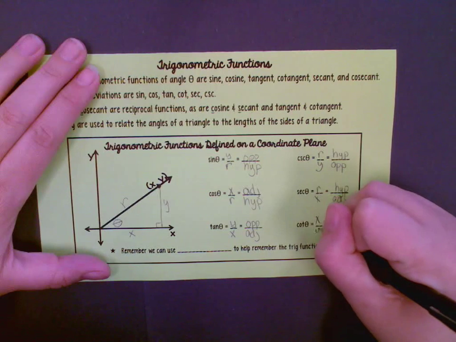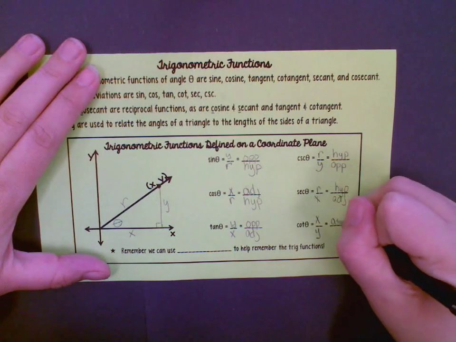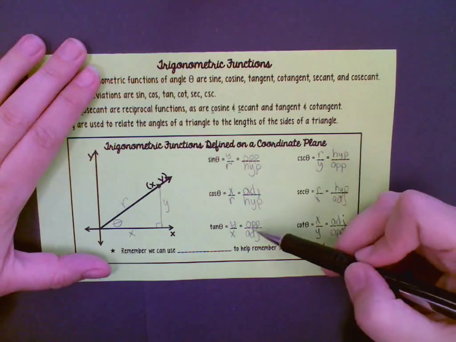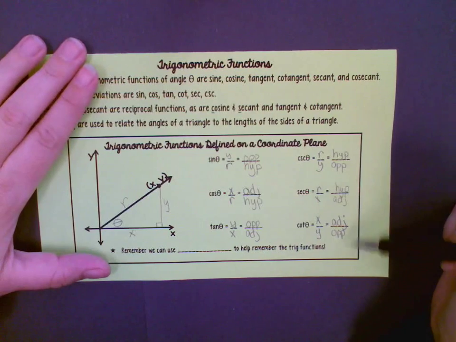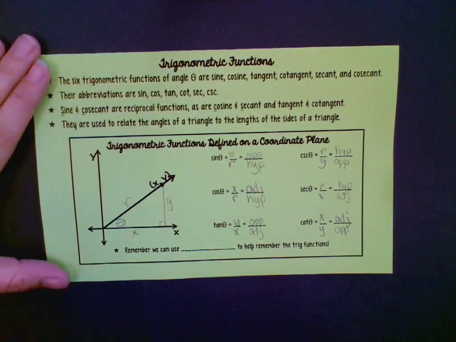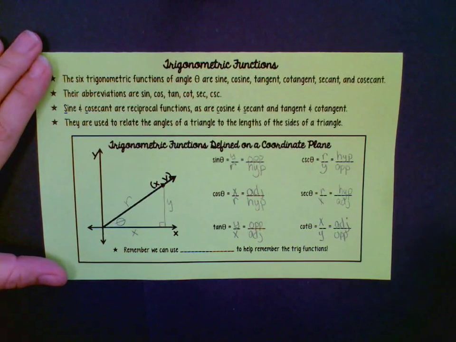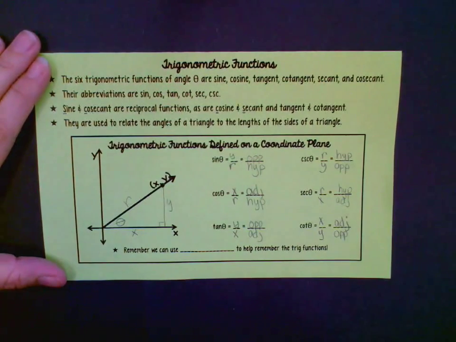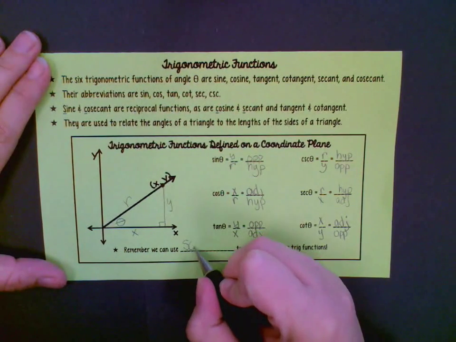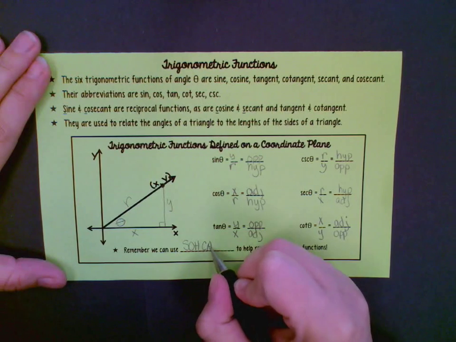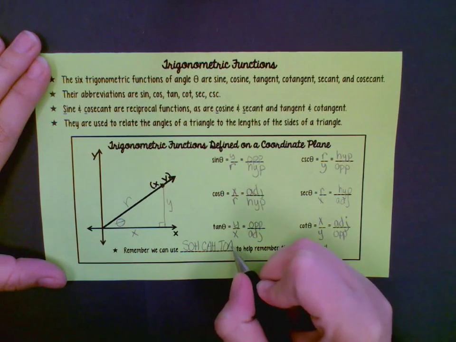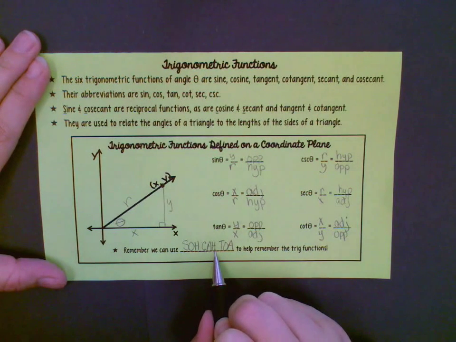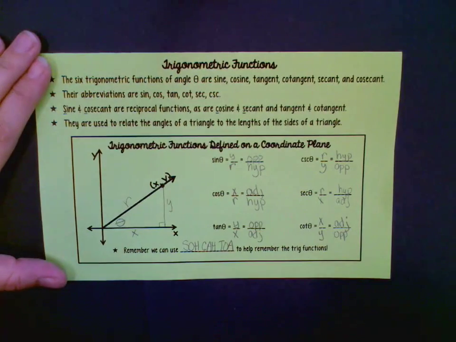That's why it's important that you remember which ones go together, because all you really have to find is sine, cosine, and tangent, and then you just flip them over to get the other three functions. So do you remember the acronym or mnemonic to remember the ratios for sine, cosine, and tangent? It was SOHCAHTOA. So sine is the opposite over the hypotenuse, cosine is adjacent over hypotenuse, and tangent is opposite over adjacent.